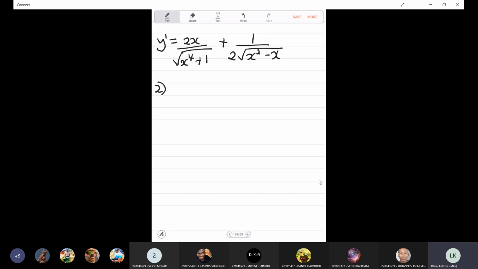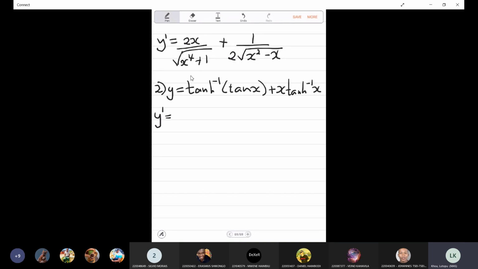Number 2, we have y is equal to hyperbolic tan inverse of tan of x plus x hyperbolic tan inverse of x. Okay, so we want to differentiate this. We do it in the same way. So here, y prime.